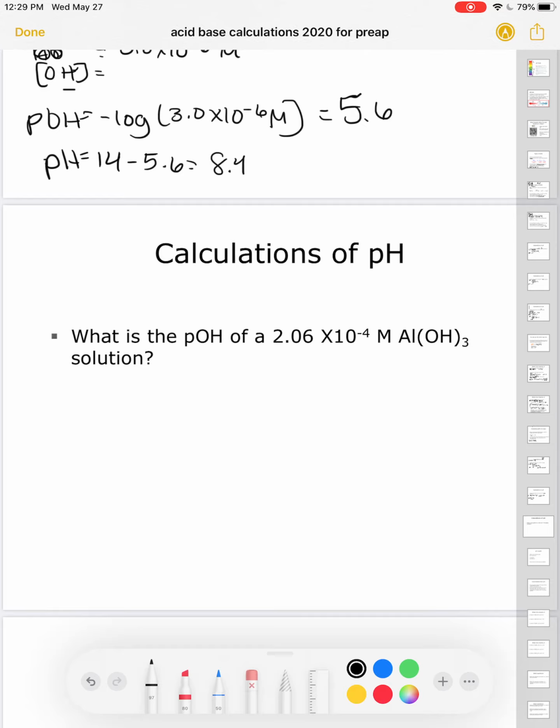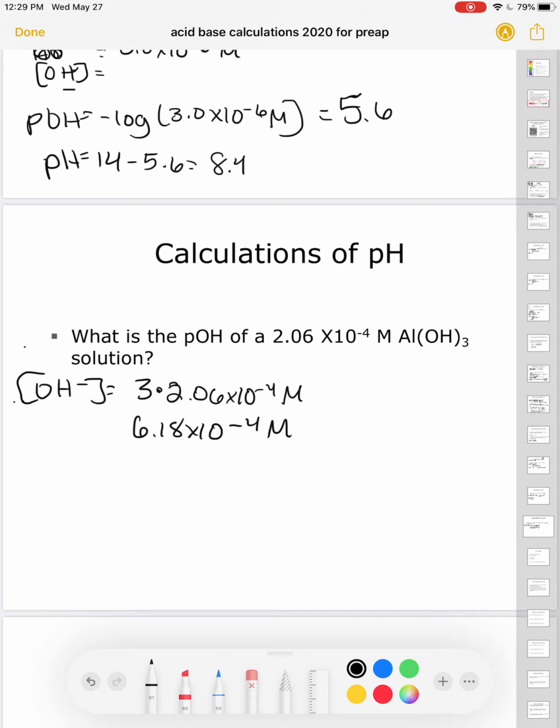Because this is tribasic, my hydroxide concentration is going to be equal to 3 times 2.06 times 10 to the negative 4 molar. And that's going to get me 6.18 times 10 to the negative 4 molar. That's my hydroxide concentration.